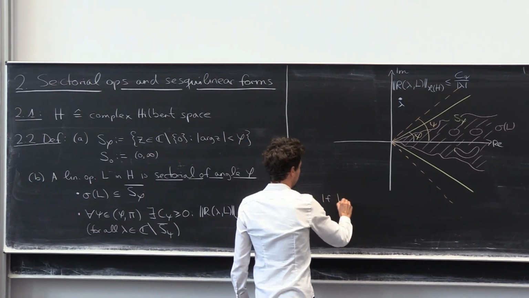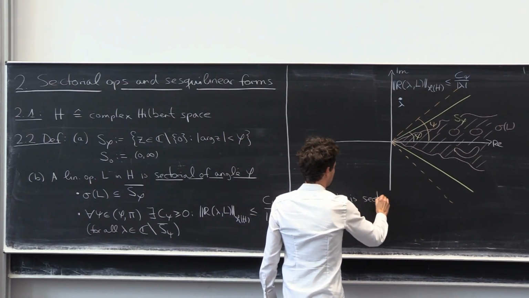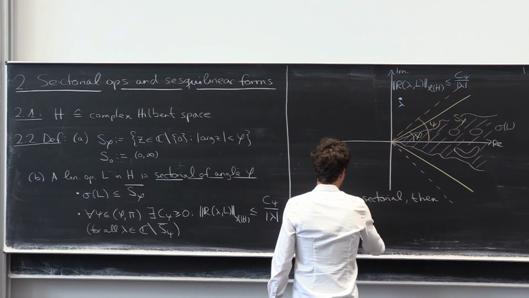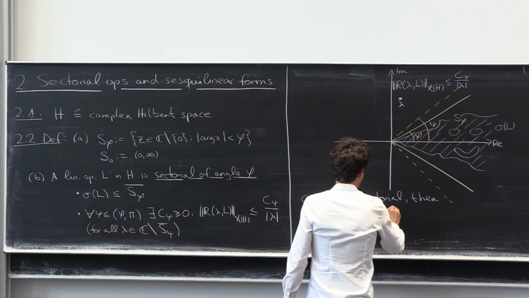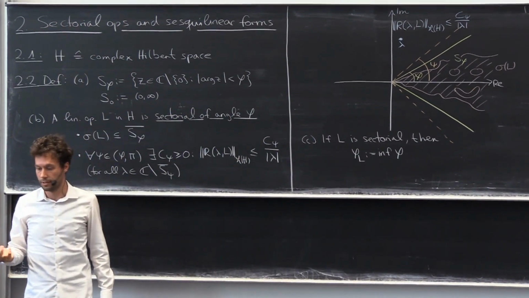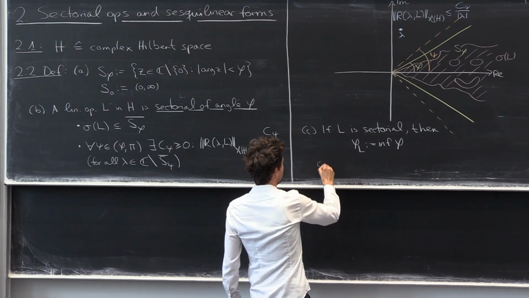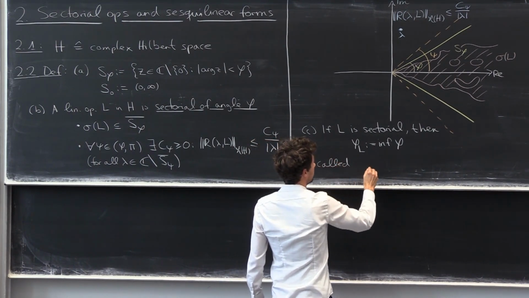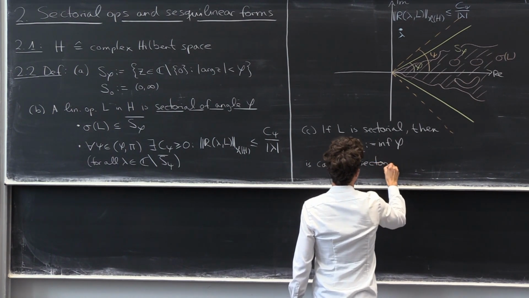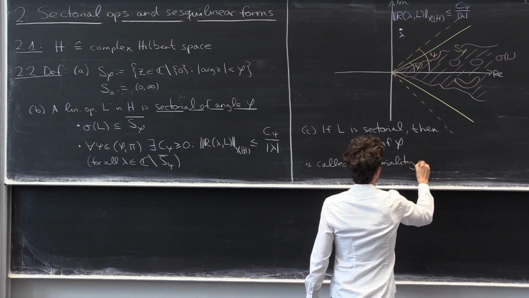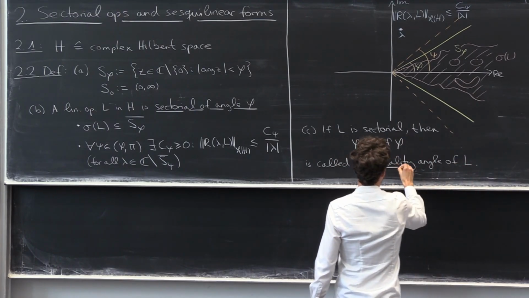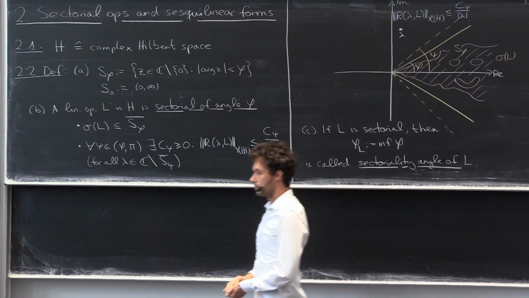Okay, so if L is sectorial, then phi_L is the inf of all angles phi that make the previous things work. This is called the sectoriality angle of L. Okay.